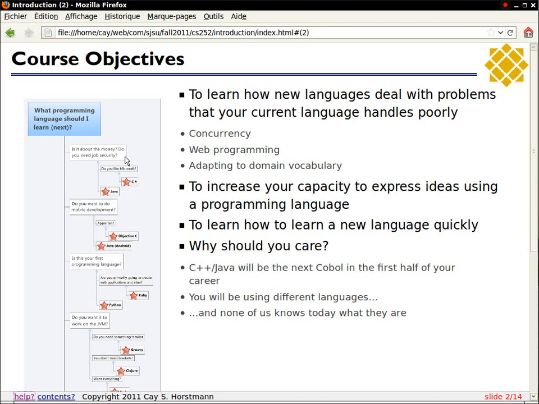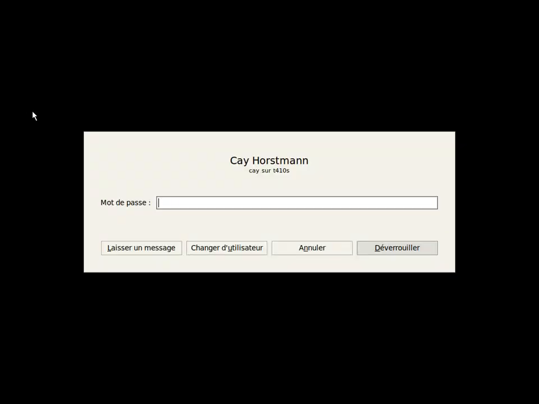There will be a few people who will make a profitable but boring living maintaining legacy programs that were written in C++ and Java. Just like today, there are a few people who make a profitable but boring living by maintaining COBOL programs. And so if you look yourself in the mirror, you can answer that question: do you want to be one of them? And in that case, you should learn more about C++ and Java.